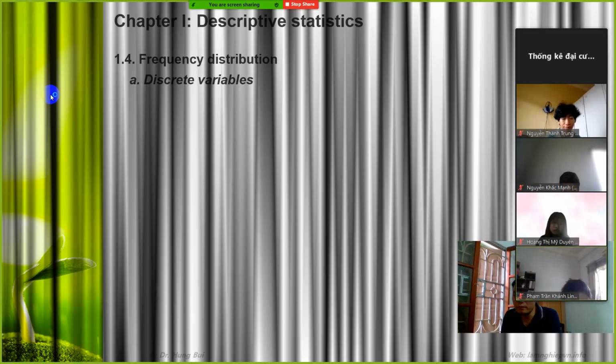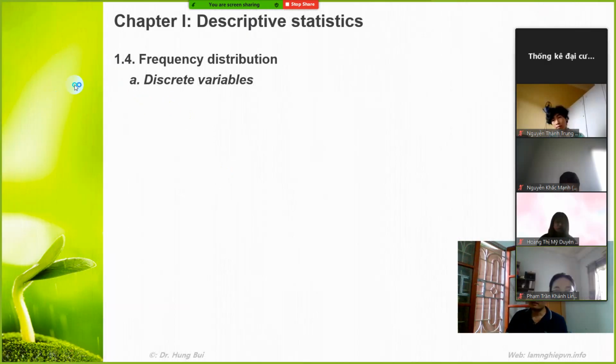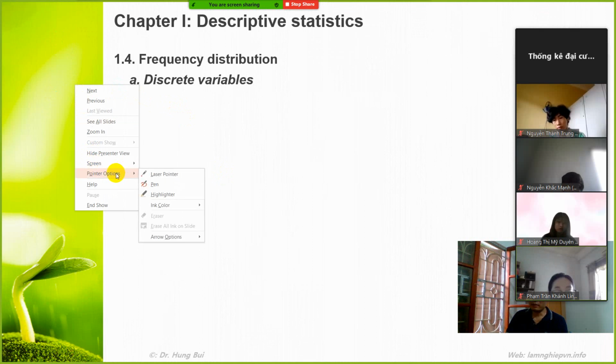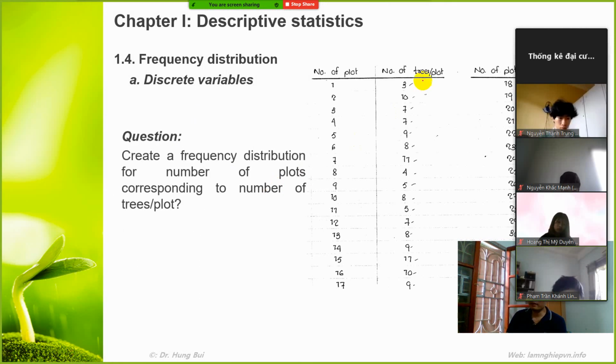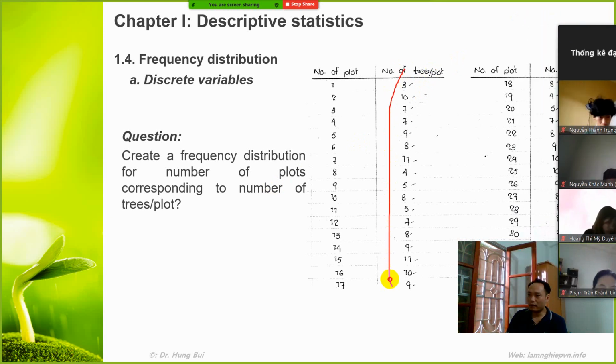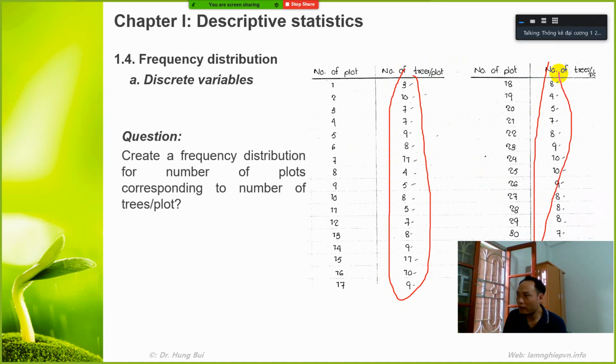Look at the book and find the minimum value for me. X min equals what? Look at this data here and here. So what is the minimum value, guys?